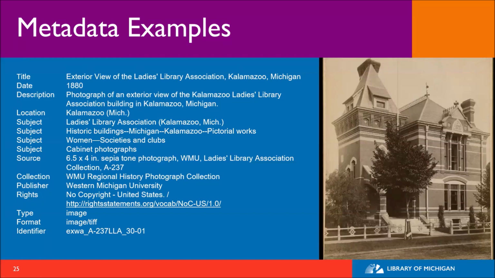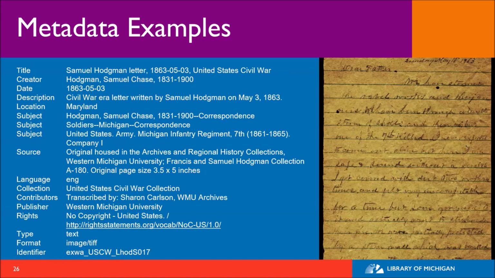So that was a lot of description. I have just one more here to show you kind of a complete thing. This next example comes from a CONTENTdm collection that also uses qualified Dublin Core. I won't read out every field, but we'll see that there is a creator and a language field since we know who wrote the letter, and his name authority from the Library of Congress is there for Samuel Hodgman.